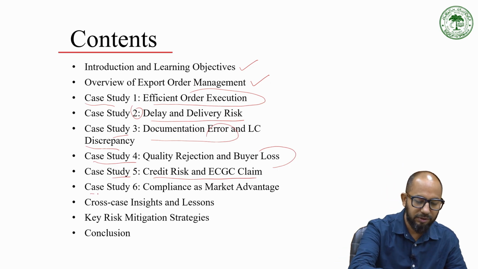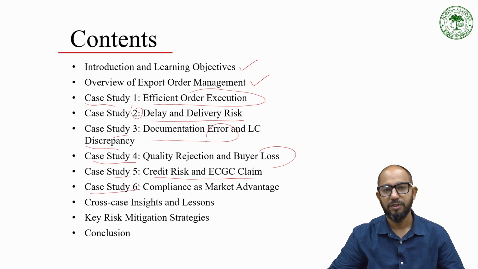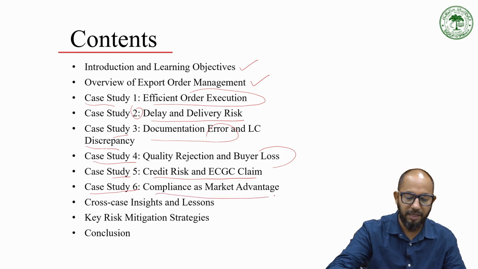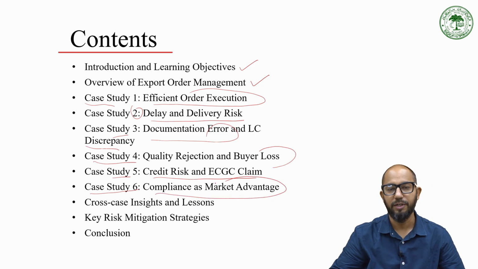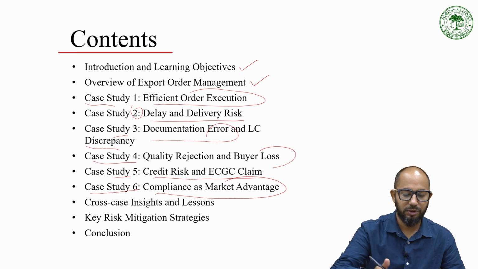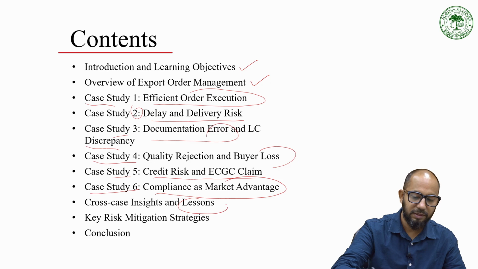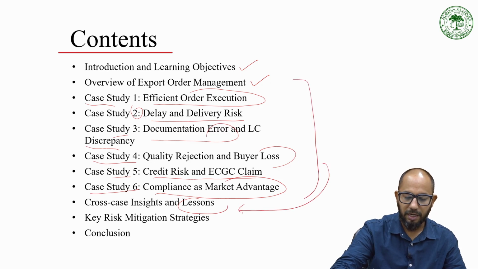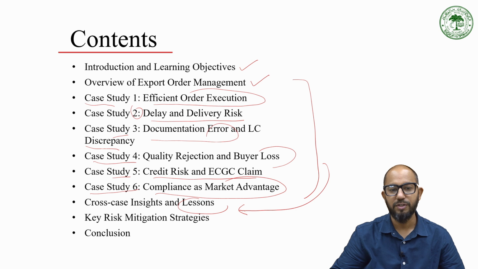Subsequently, in the last case study, case study 6, we will try to understand compliance as market advantage. After that, we will discuss the cross-case insights and all the lessons which we will learn through all the 6 case studies, and also the different risk mitigation strategies to be adopted, and finally we will conclude our discussion.